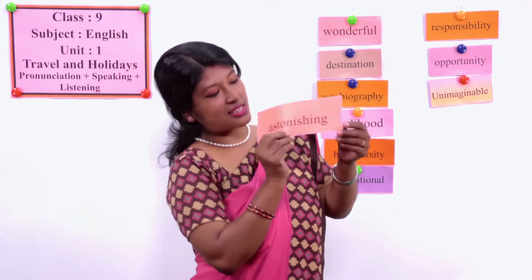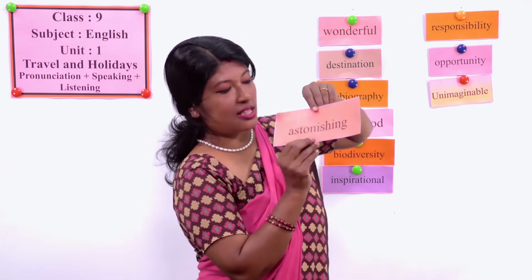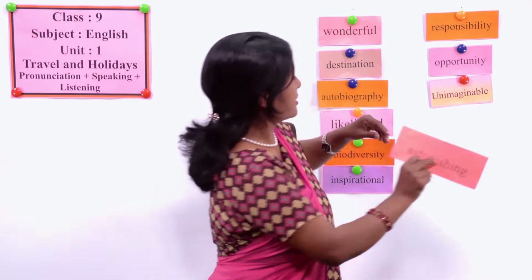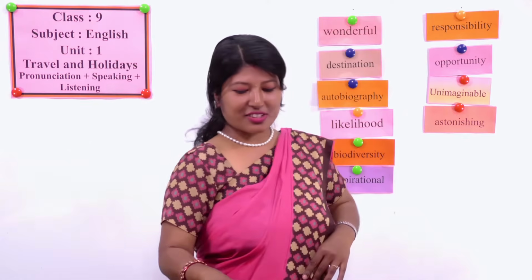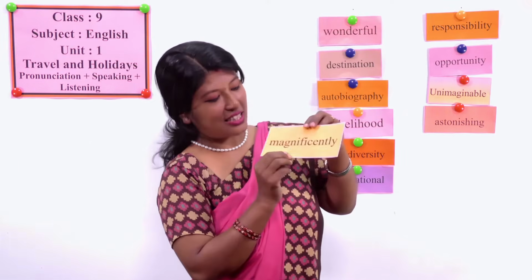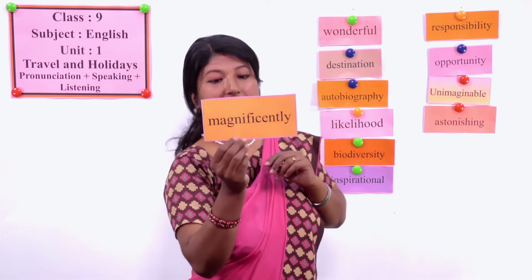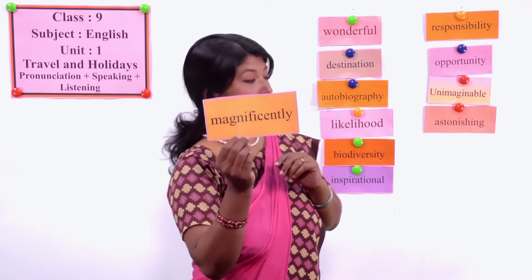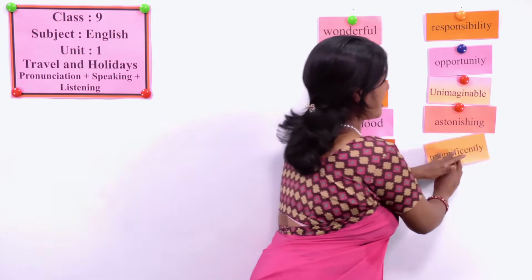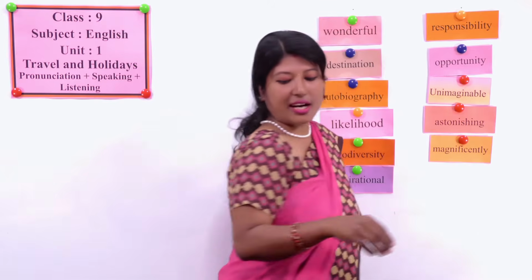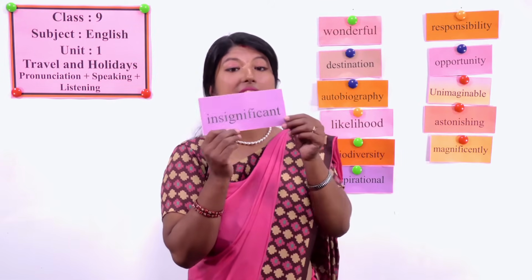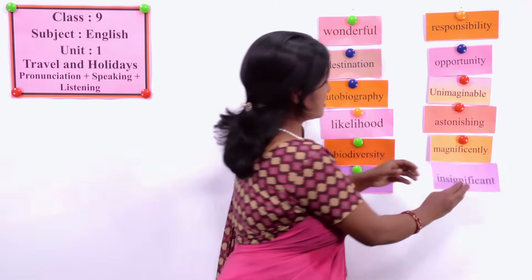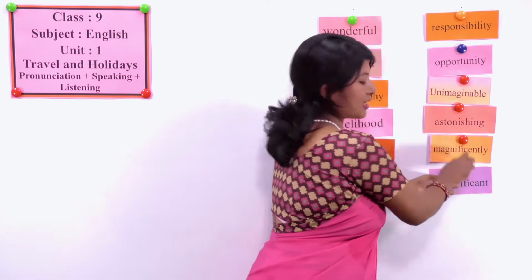This one is astonishing. Astonishing goes over here. 2 more left. This is magnificently. Magnificently. And then we have the last one, that is insignificant. So this is the last word, insignificant.